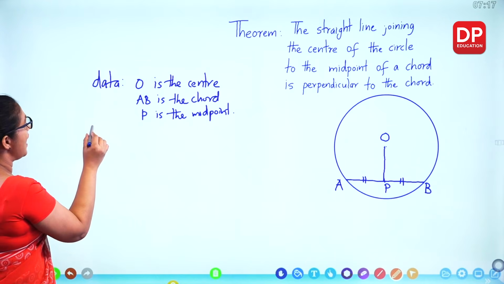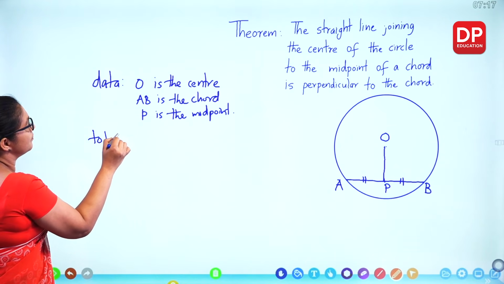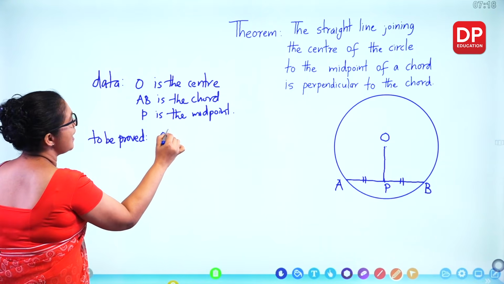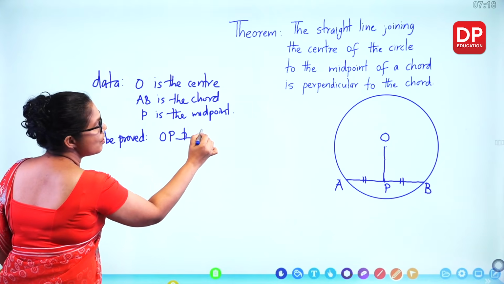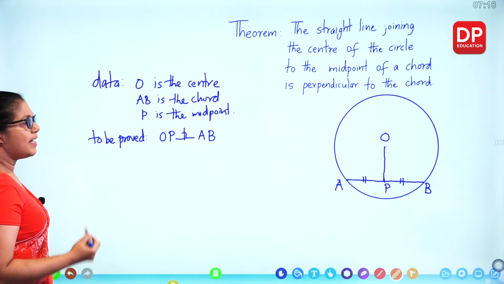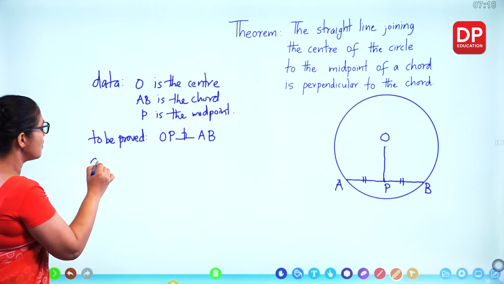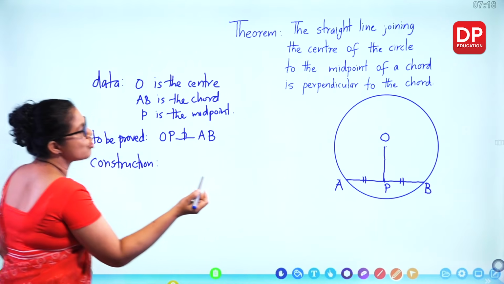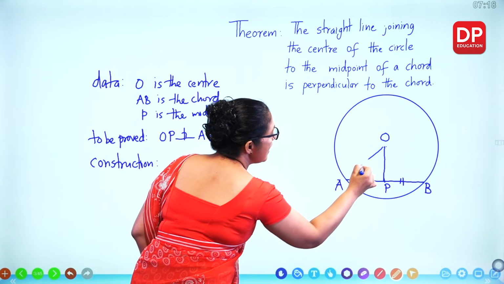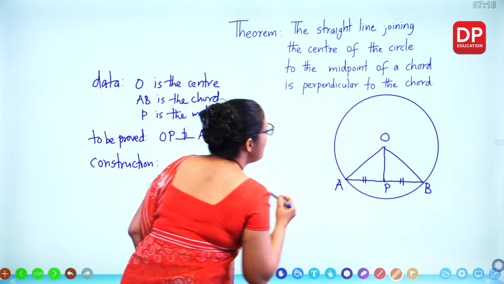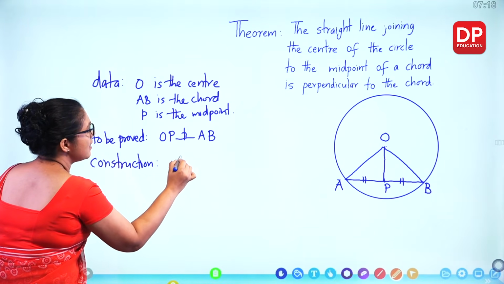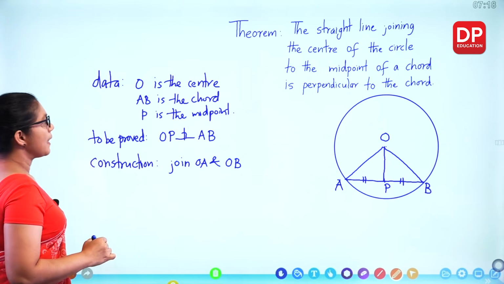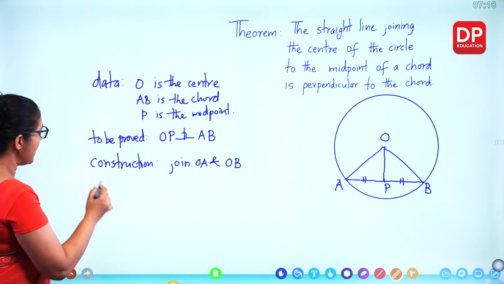We need to prove that the line OP is perpendicular to AB. Now we need to do a small construction. What do we need to do? Just join OA and OB. Join OA and OB. Now we'll see how we can prove this.